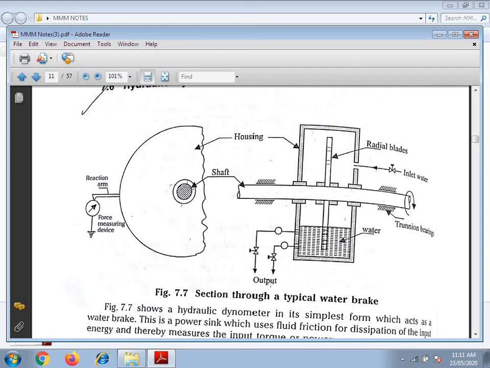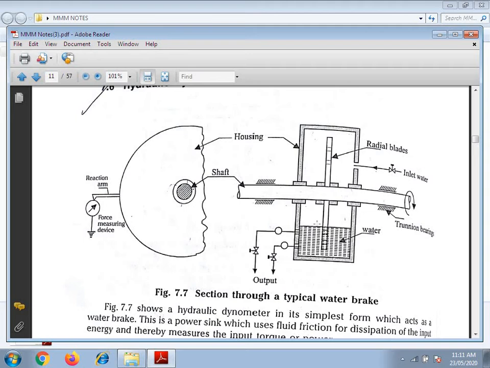In this dynamometer, the power absorption element is the housing, which tends to rotate with the input shaft of the driving machine. But such rotation is restrained by a force measuring device, such as scales or loads placed at the end of the reaction arm.